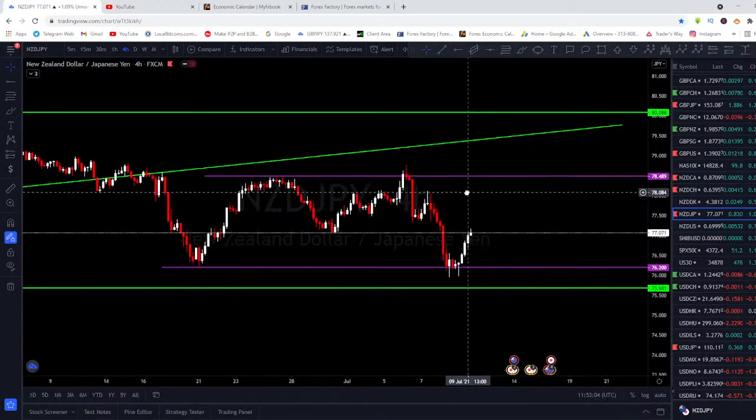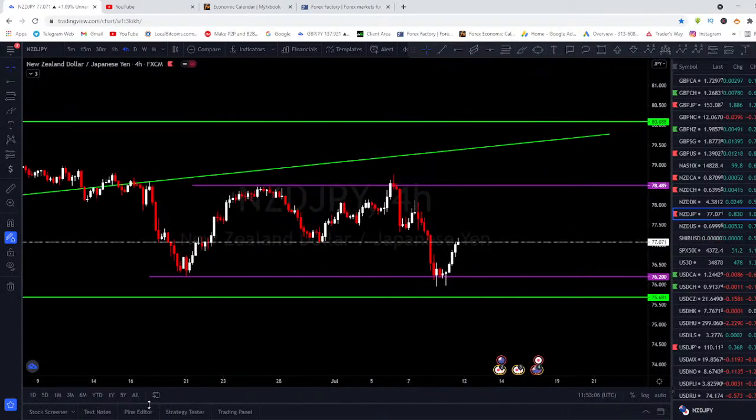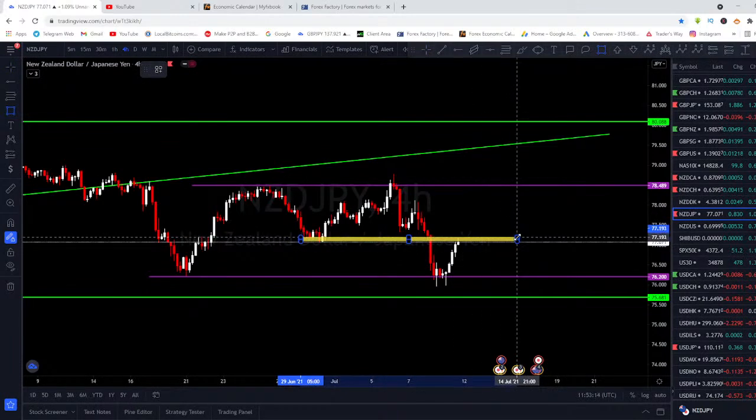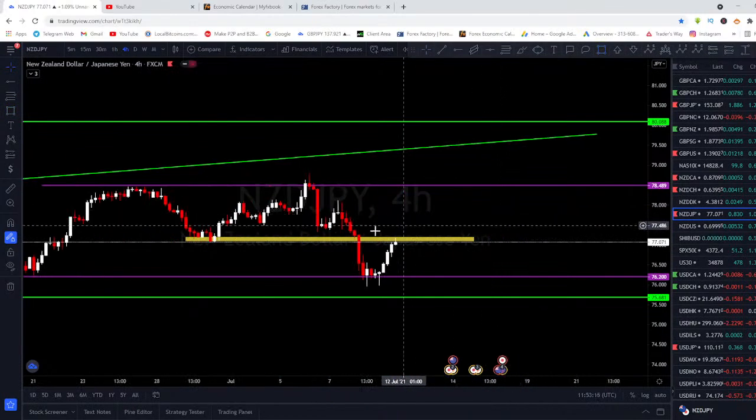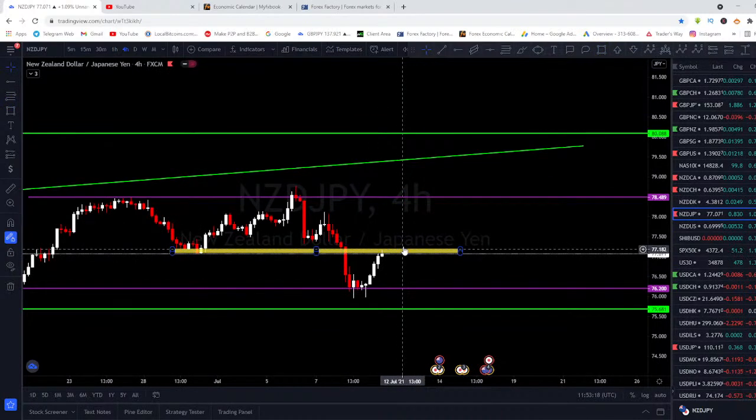And also I'm seeing another level right here, that's another zone. So if the market eventually breaks out of this, this is going to be the next resistance zone. But if it breaks out of this again, it is going to be the next resistance.